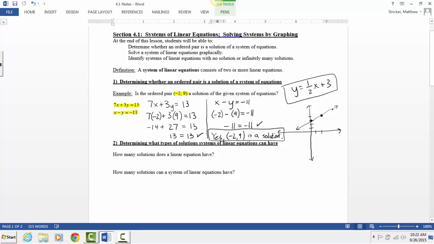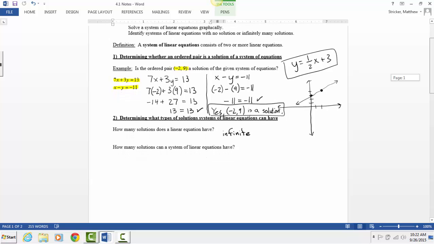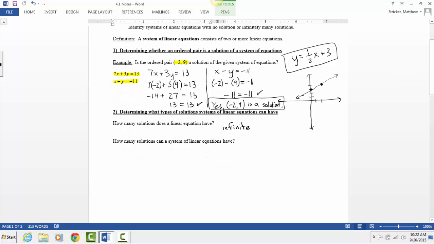How many points are on that line is another way of asking the question. And we should remember from last chapter that there are an infinite number of points on the line, or also an infinite number of solutions.